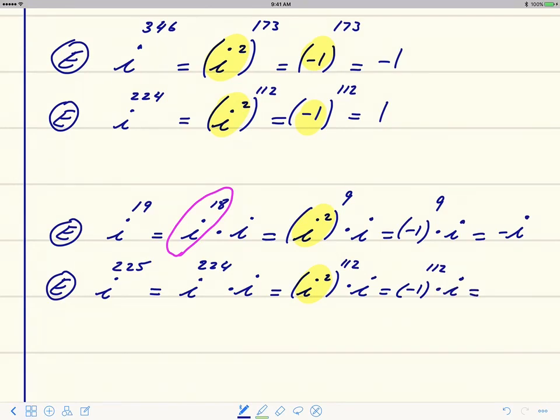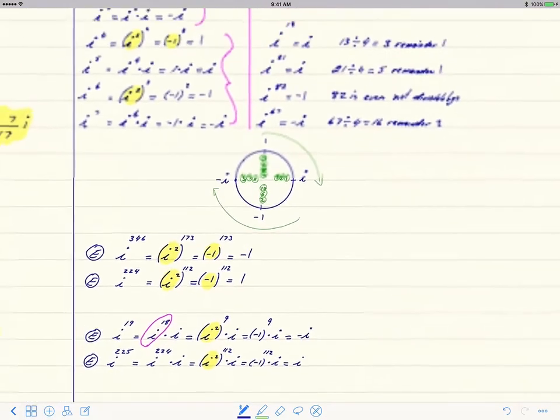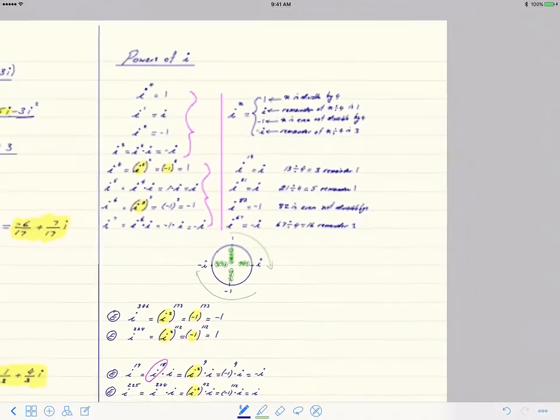Okay, now, negative 1 to the even exponent is positive, so that's just i. There you go. So with even exponents, you know what to do. You write it as i squared to some other exponent. With odd exponents, you want to break it up into two pieces, one of those pieces being i. And there you have it. This is how you compute powers of i.